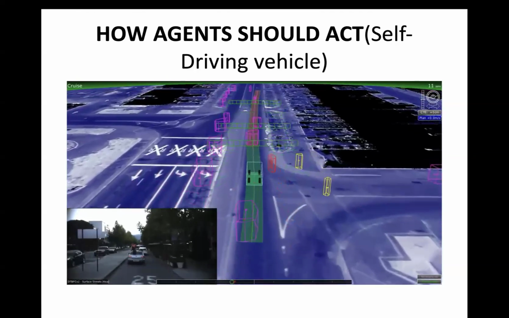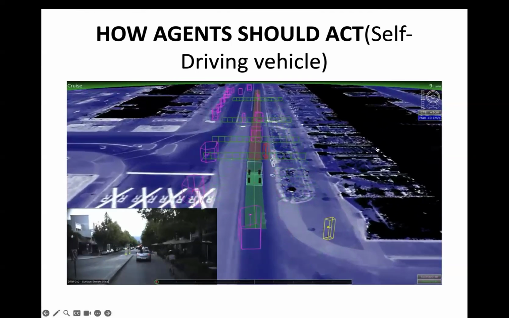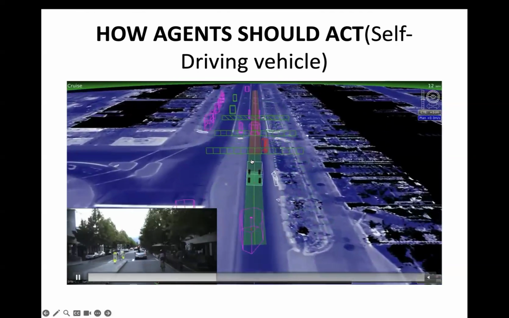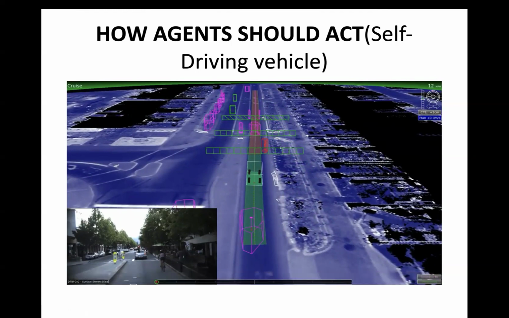It has to know when to overtake, etc. So there will be the issues of being able to perceive its environment, as well as being able to make the right decisions. For such a system, the actuators will be the motors that will be moving the vehicle, whether to turn to the left, to the right, even the horn, so that it can alert people if there's anything in the way.